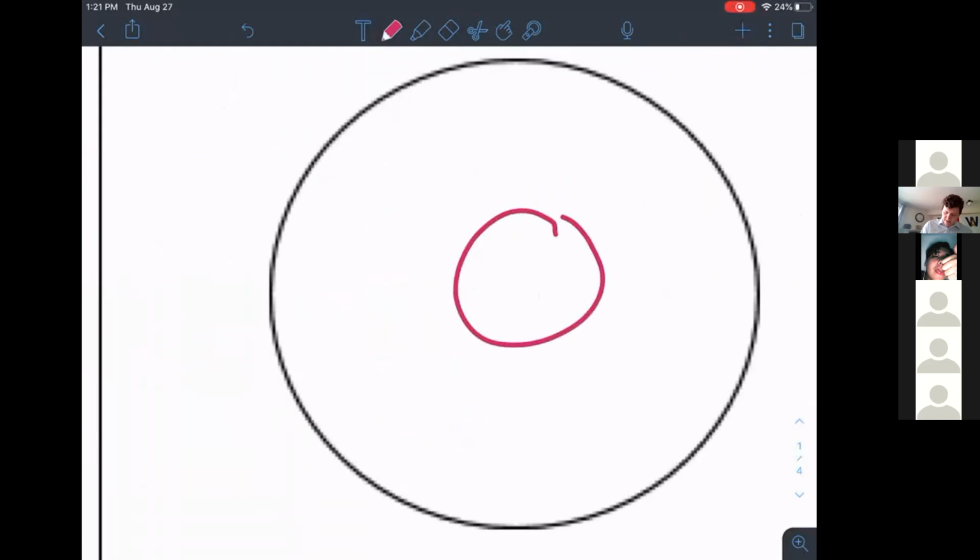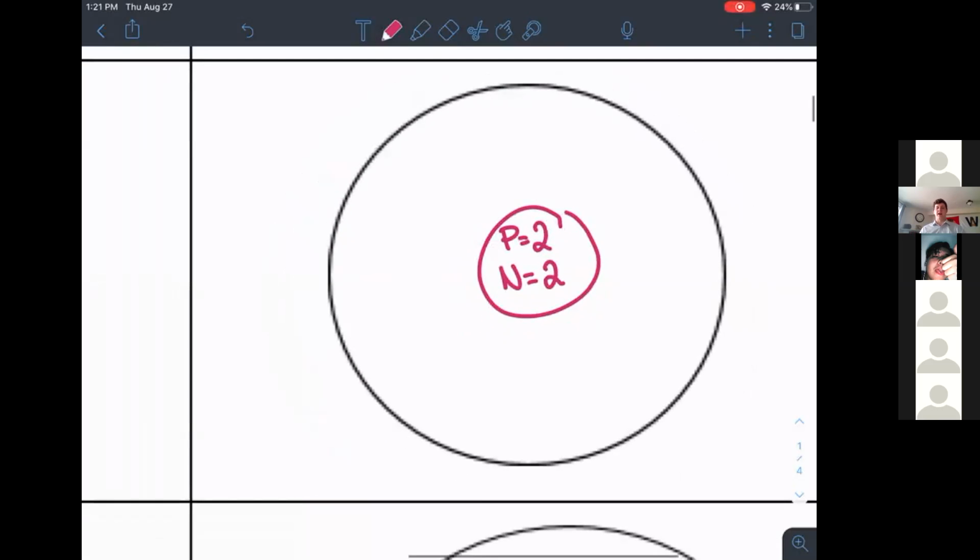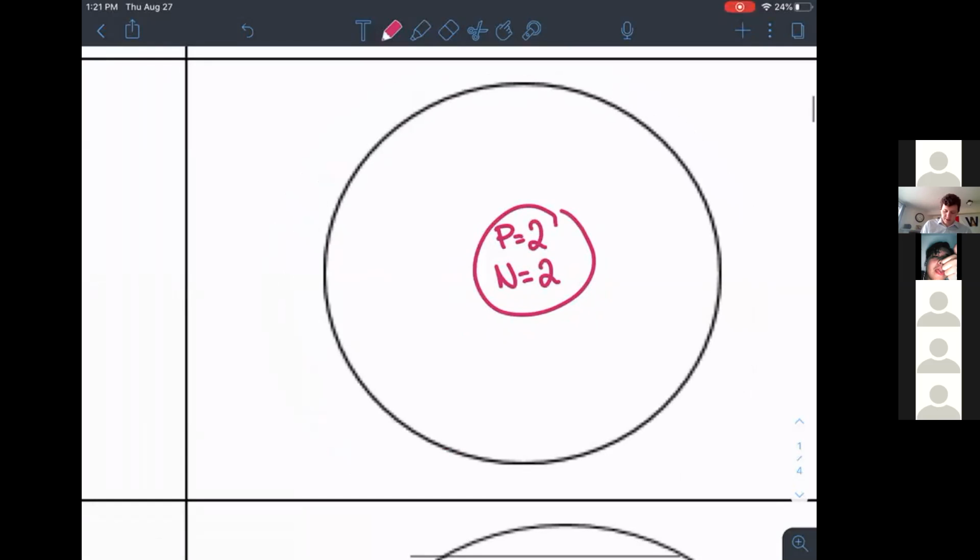So I'm going to draw my nucleus. Now I'm going to label protons. What's the next thing I should draw? Neutrons. So I'm going to put my neutrons in there too. And I have 2 of those. And then my electrons. Where do I put my electrons? On the outside. So I'm going to put 1 on each side. It doesn't really matter where you put them, just as long as you have 2 of them.